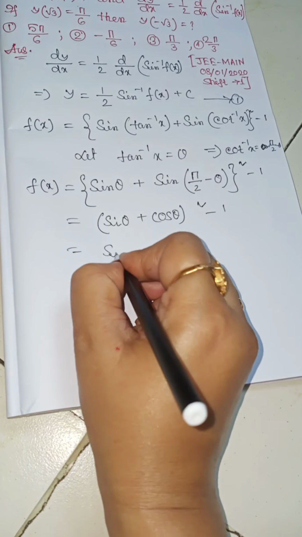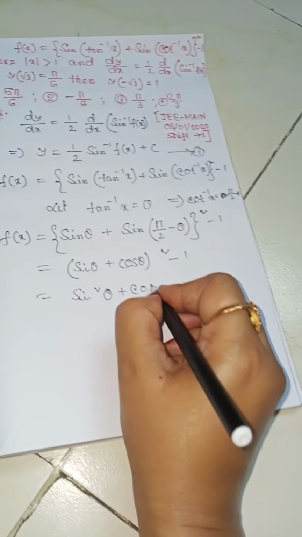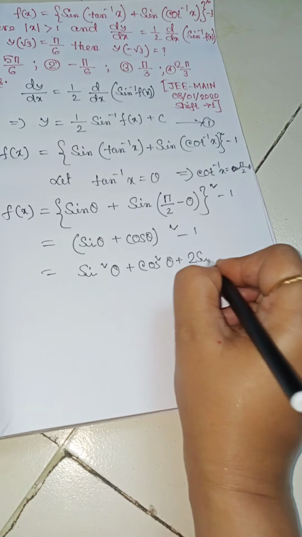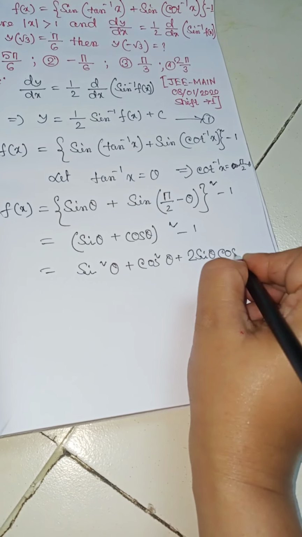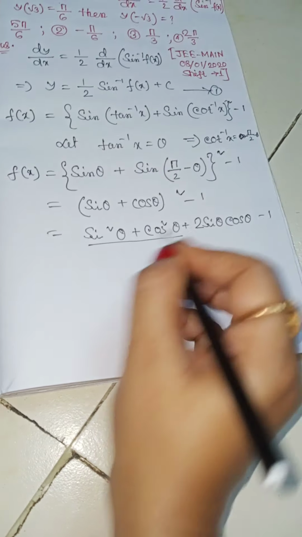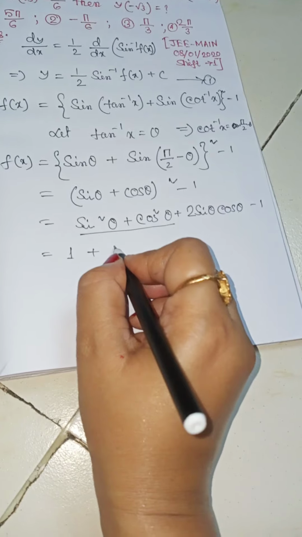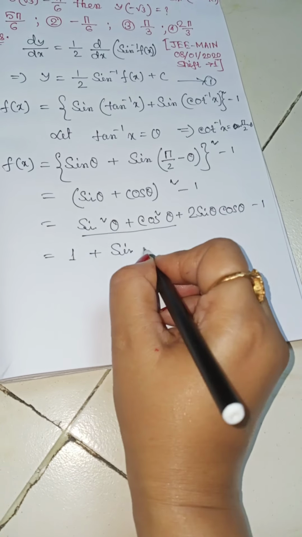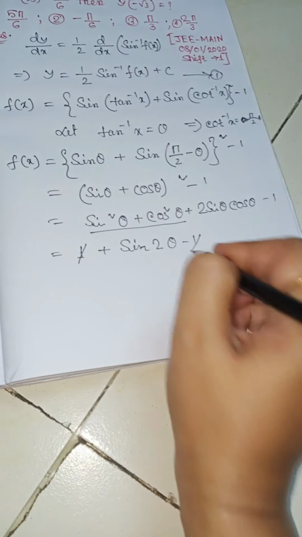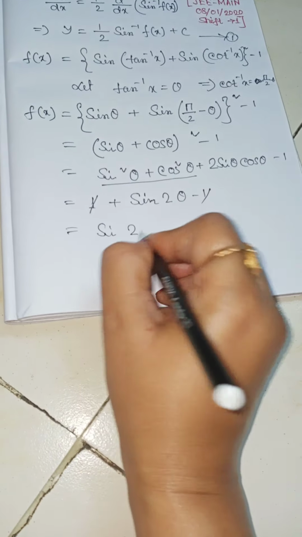This becomes sin²θ + cos²θ + 2 sin θ cos θ − 1, and this also becomes 1 + sin 2θ − 1. The 1 and −1 cancel off, so this becomes sin 2θ.